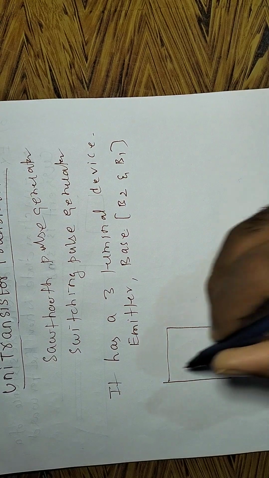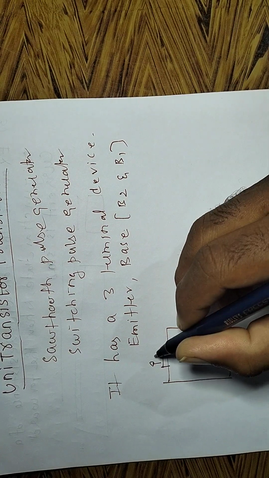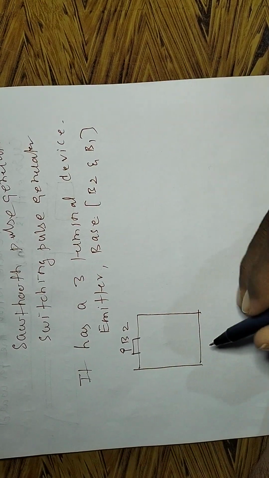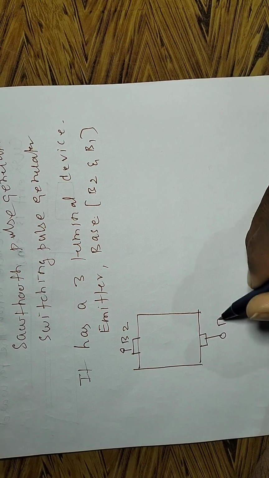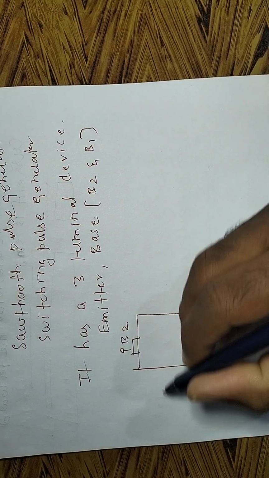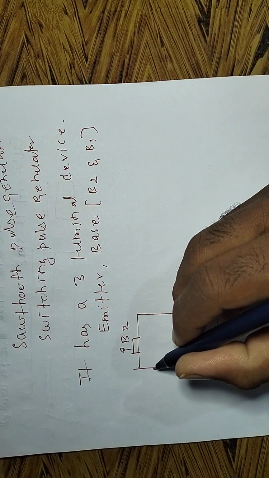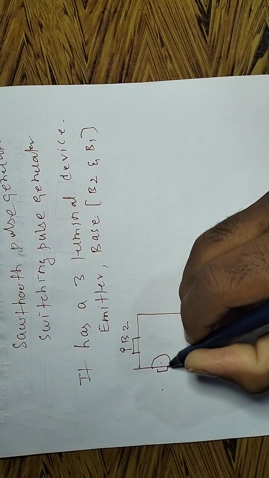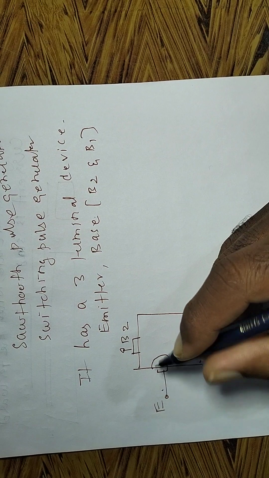Here this is an ohmic contact, that is base 2, and another ohmic contact which is connected electrically is base 1. Now the emitter, which is placed nearby base 2, is also a contact, this is the emitter.